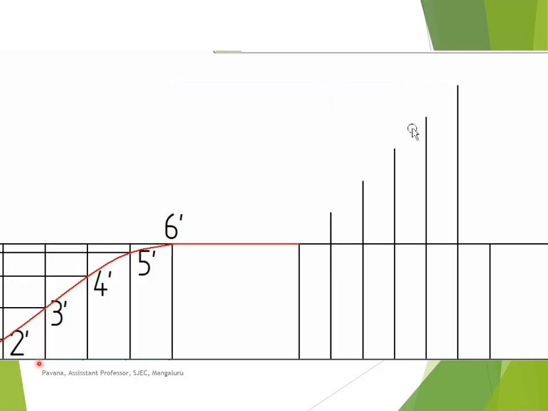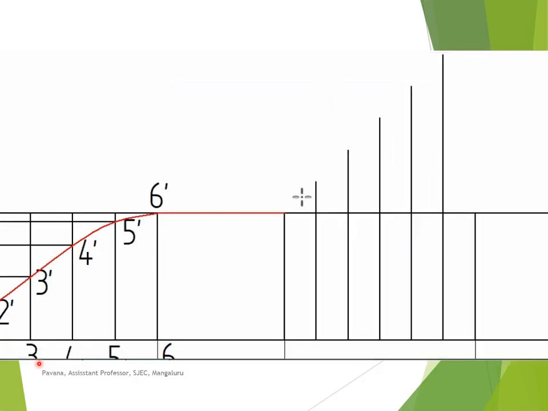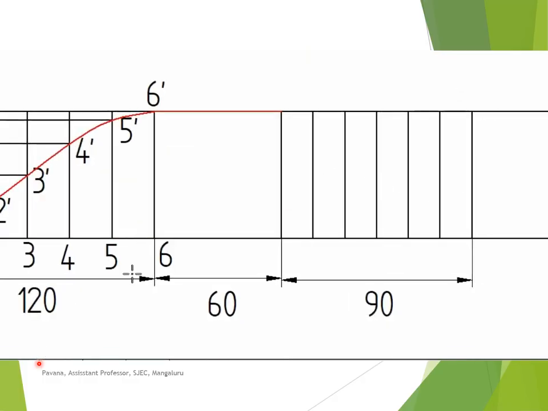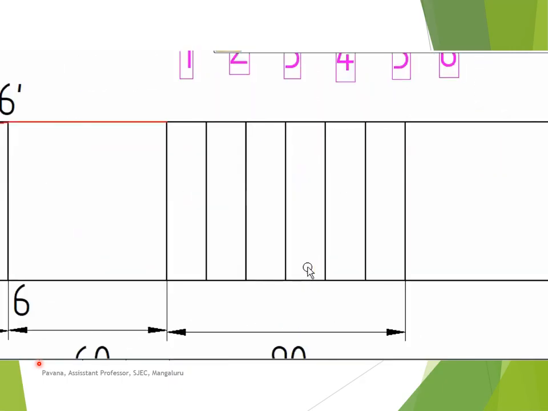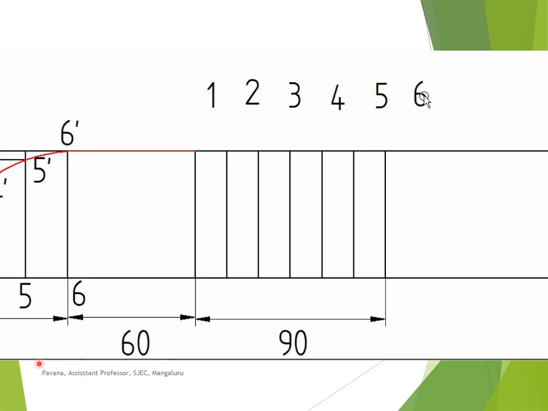Remember, it should be 6 equal parts, not random parts. While numbering here, it should be in return order because the curve has already reached the sixth point. So we name it in reverse order, not 1 2 3, it will be 6 5 4 3 2 1. First point will be 6 here, next 5, because it is returning.